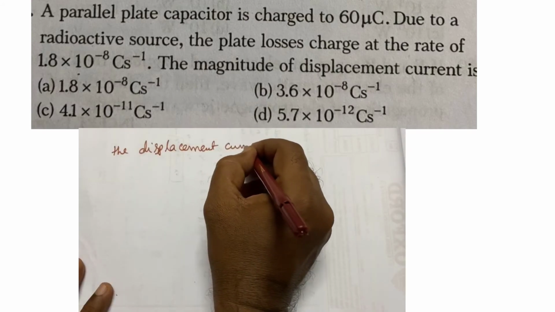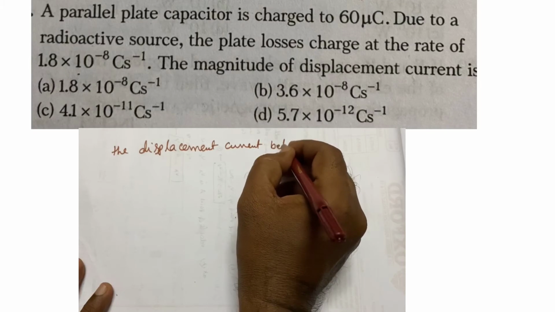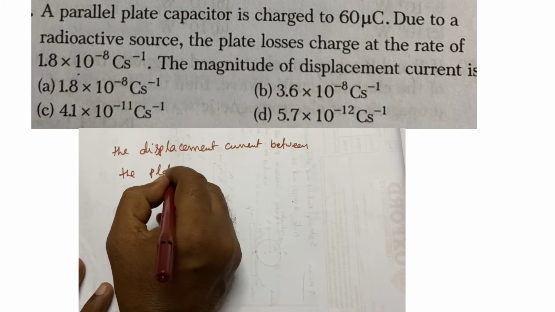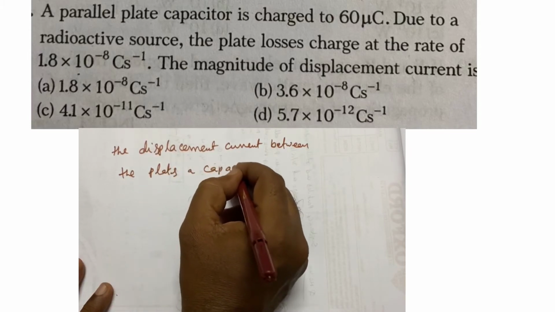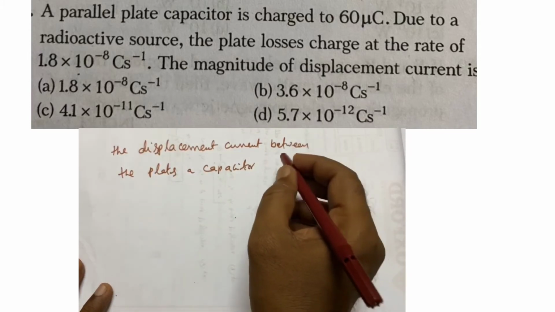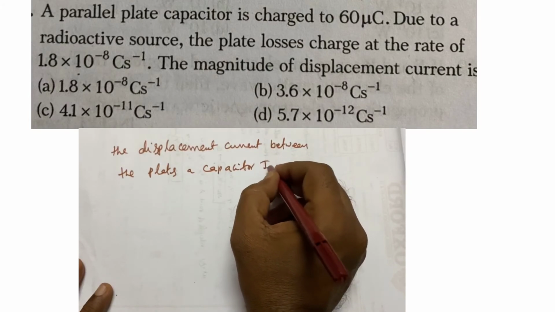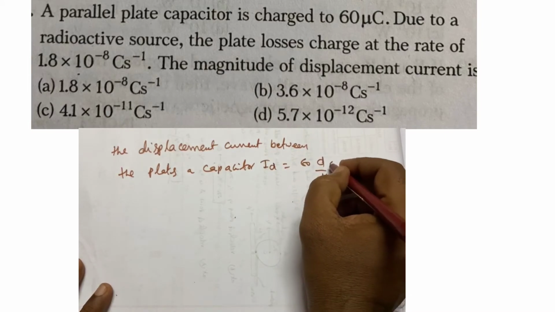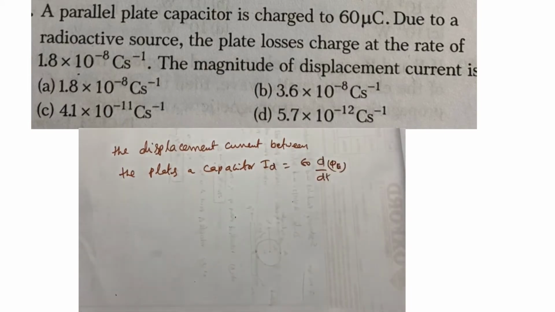Displacement current between the plates of a capacitor. ID equals epsilon naught d by dt of phi E. Phi E is the electric flux between the plates.